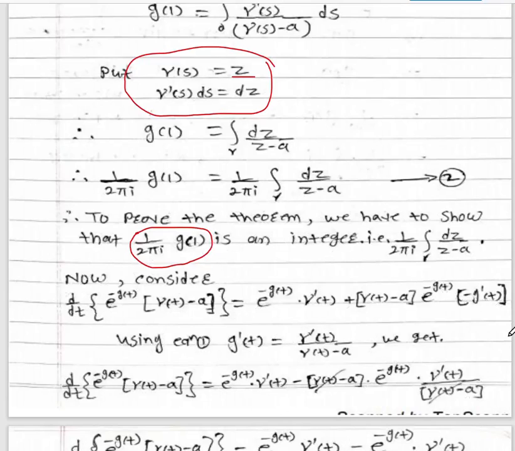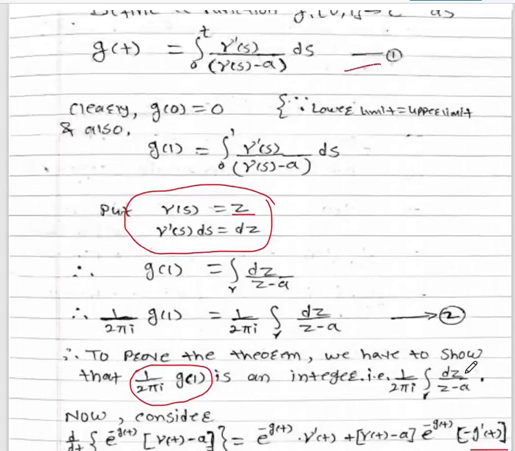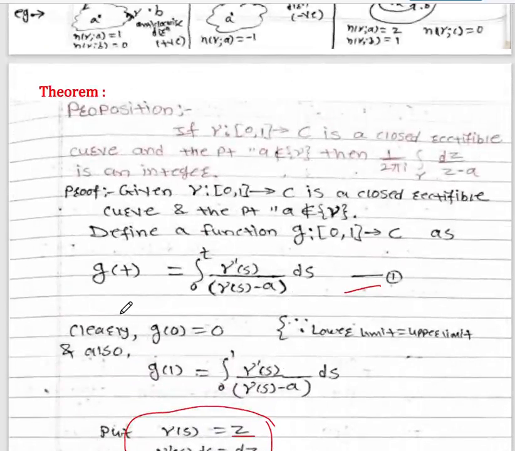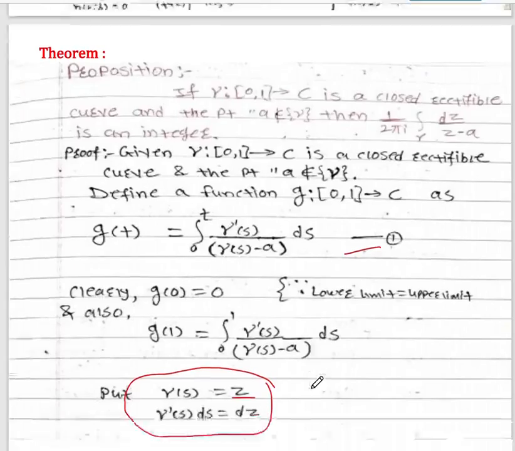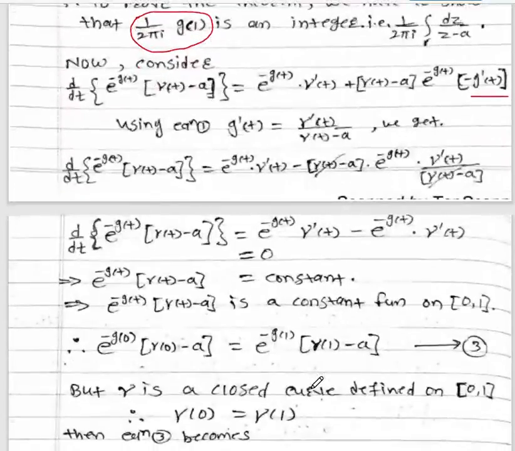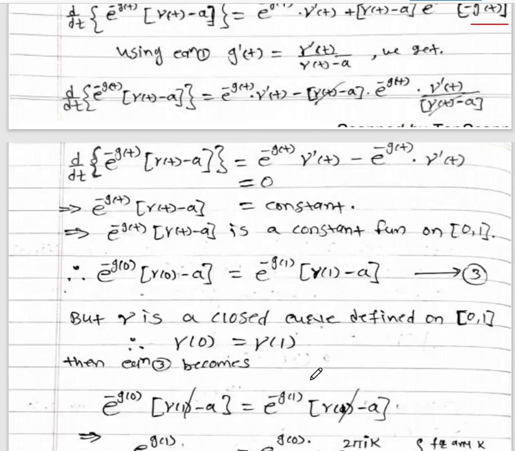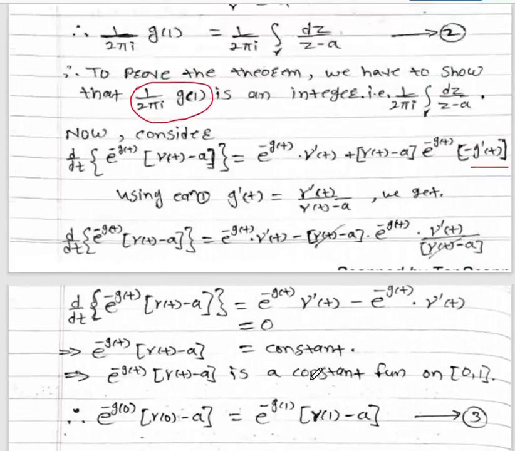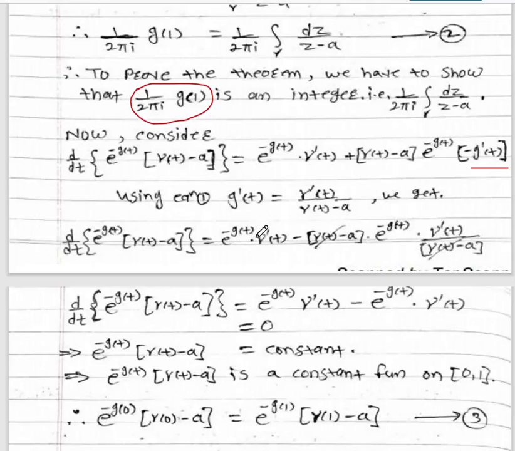Now for this term g dash of t, we will use equation number 1. What is equation number 1? Equation number 1 is g of t. If you differentiate with respect to t, this integration will get cancelled. So gamma dash of s upon gamma of s minus a, we can put for the t.